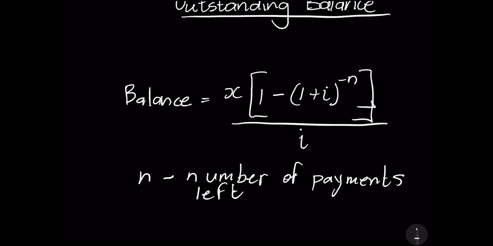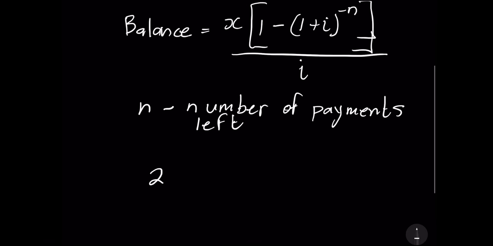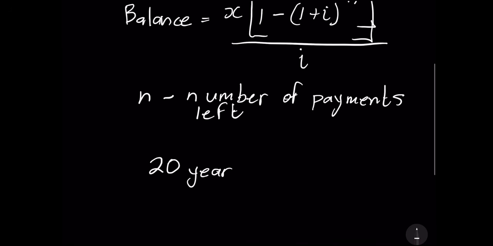Suppose you took a 20-year loan, and you need to pay off this loan on a monthly basis. If I've been paying for 11 years already on a monthly basis, how much is still outstanding?